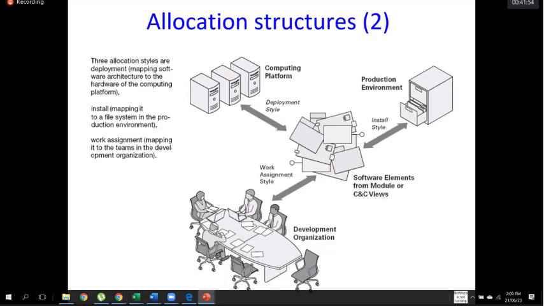So this will be assigned to the human component in order to develop the product, right? Here, the computing platforms, these programs are going to run on this hardware. And this area is the human component who are responsible for development, right?